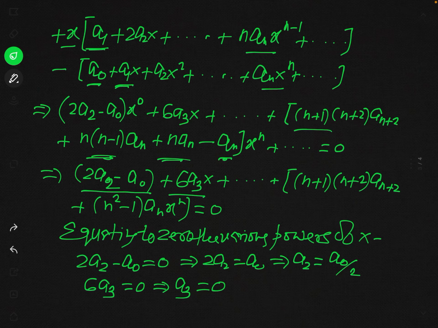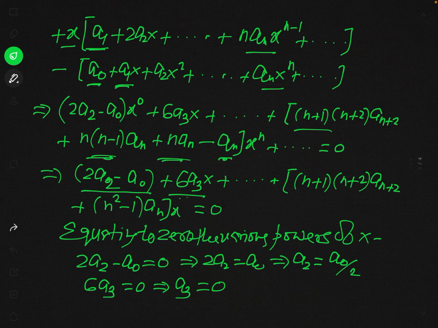Again, we take the general term, and you can see that the coefficient of x to the power n is n plus 1 into n plus 2 into a n plus 2, and plus n square minus 1 into a n. We will equate these terms to 0.